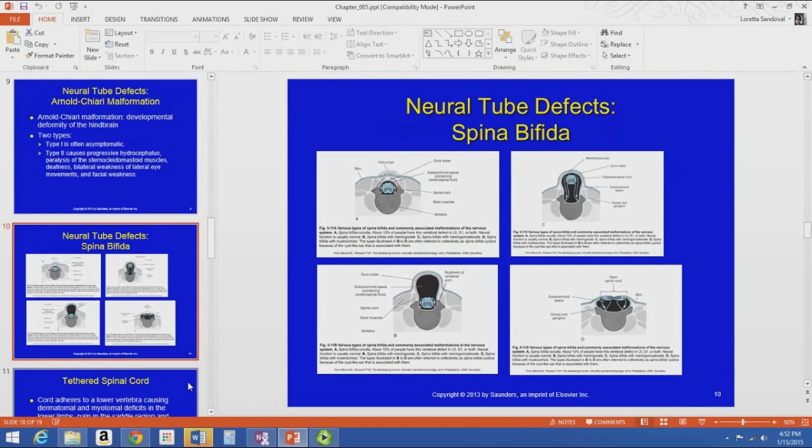So spina bifida, on the other hand, we will see fairly frequently in physical therapy, depending on where you work. I have worked with a few adults that have different levels of spina bifida, and of course they were born with it, and one of them uses a wheelchair for mobility.